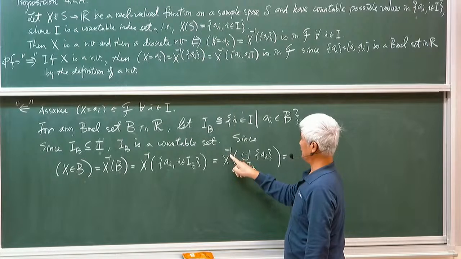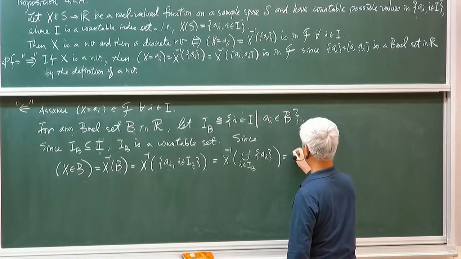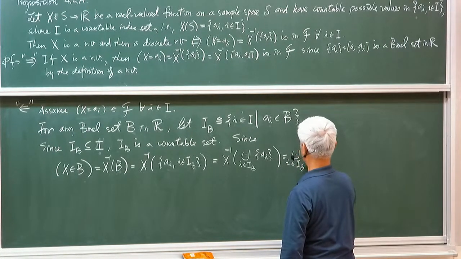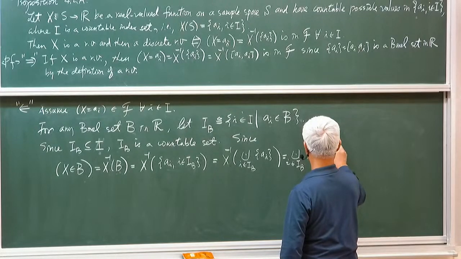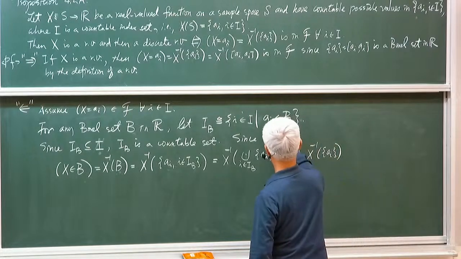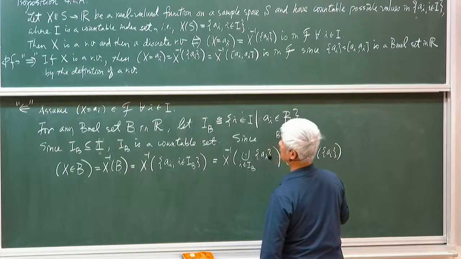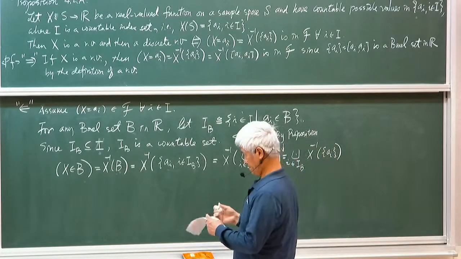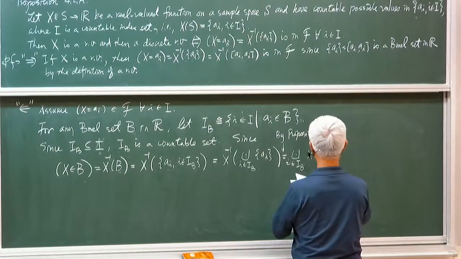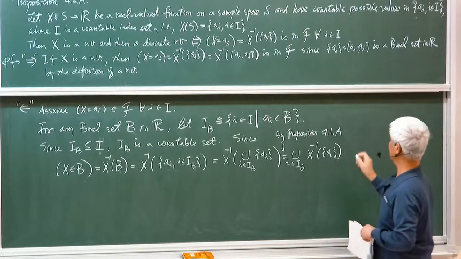Now, we know the inverse function and the union are commutable. This is by proposition 4.1.8, number 2.